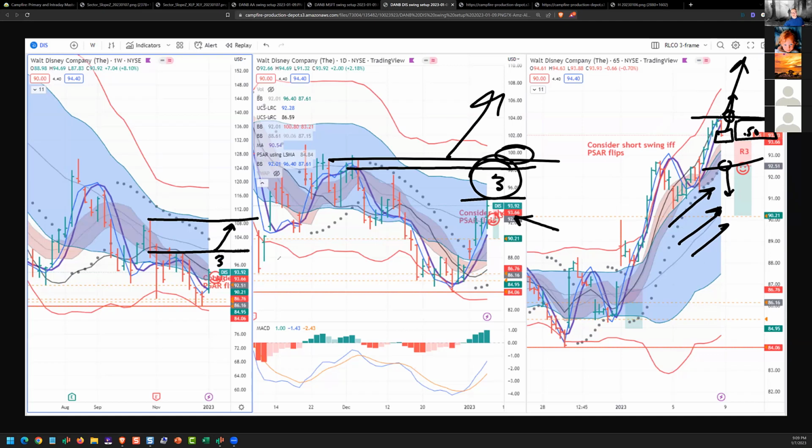So they think it's not only $3, they also think it's another 10 just to get to here. And then the tip of the dragon's at 116, and then 120 for the RL10, and then the all-time, or the previous peak at 128. So there's a value play for Walt Disney.